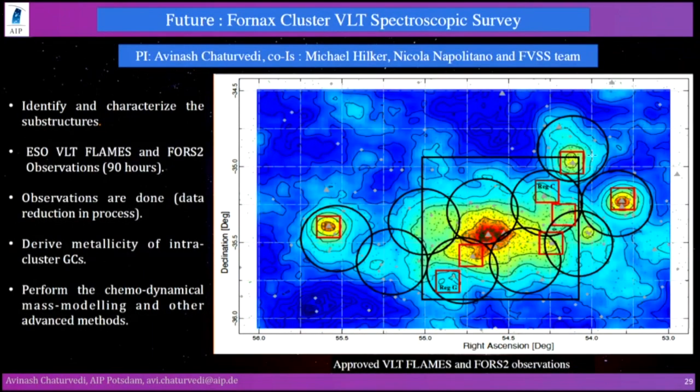Here, this black square basically denotes the VIMOS observation, but we wrote the proposal and extended the VLT spectroscopic survey with FLAMES, here shown by these circles in the black font, and got two observations. The goal of these observations is to learn about the metallicity of globular clusters, and basically of intracluster globular clusters, and also to perform advanced dynamical modeling to know more about the specific effect of the intracluster globular clusters.